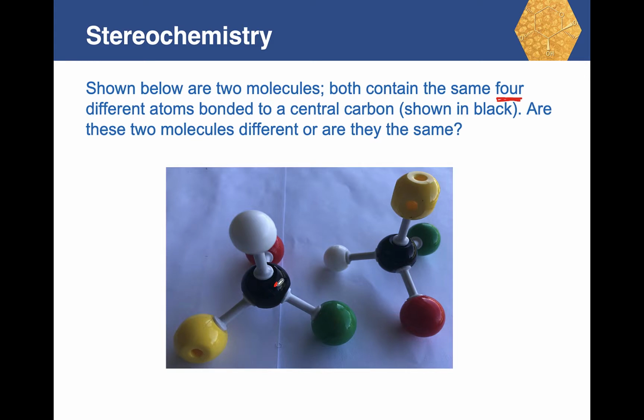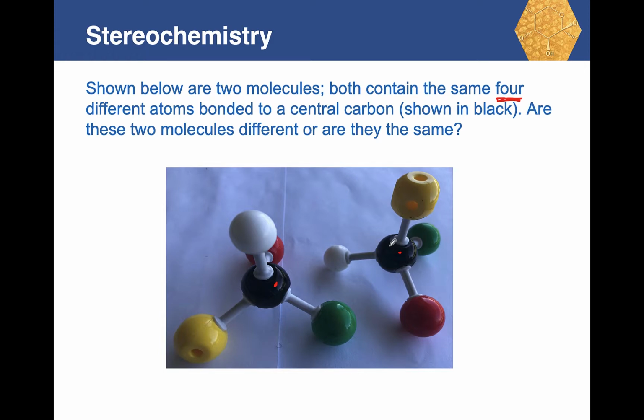So this carbon atom here has a yellow, a white, a green, and a red atom or atoms bonded to this carbon atom. This other molecule has the same yellow, white, green, and red atoms bonded to this carbon. So the question is, are they the same or are they different? It's very difficult to look at these 2 molecules and come up with an answer.